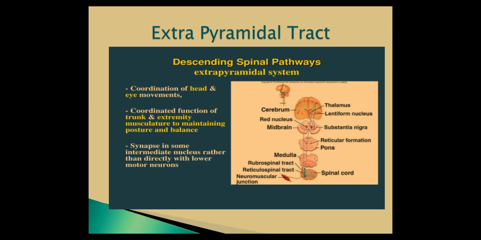For example, reflex and posture related regulatory movement is governed by the extrapyramidal tract. Normally the pyramidal tract may directly innervate the cranial motor nuclei or anterior horn nuclei, but extrapyramidal tracts modulate the anterior horn nuclei.